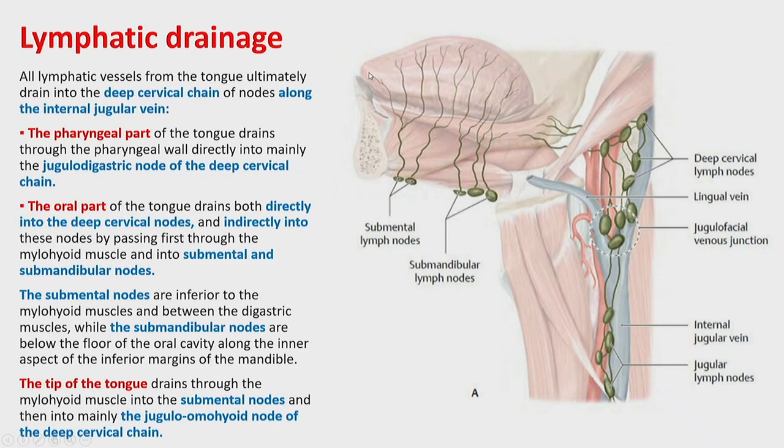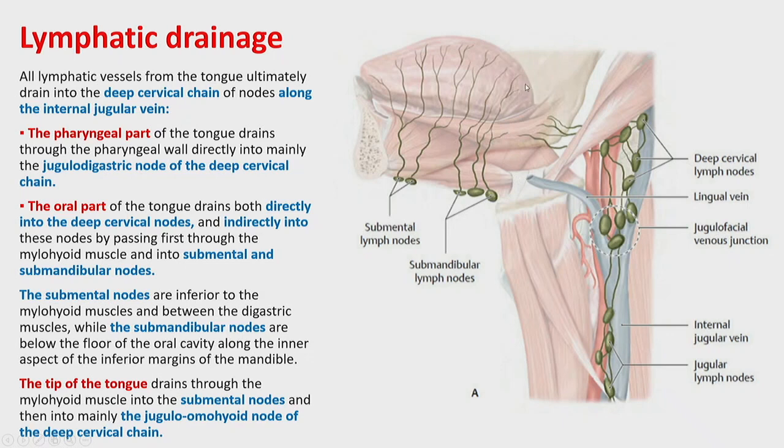Usually the tip of the tongue, or apex of the tongue, drains to the submental lymph nodes. The margin of the tongue, usually of the body, drains to the submandibular lymph nodes.